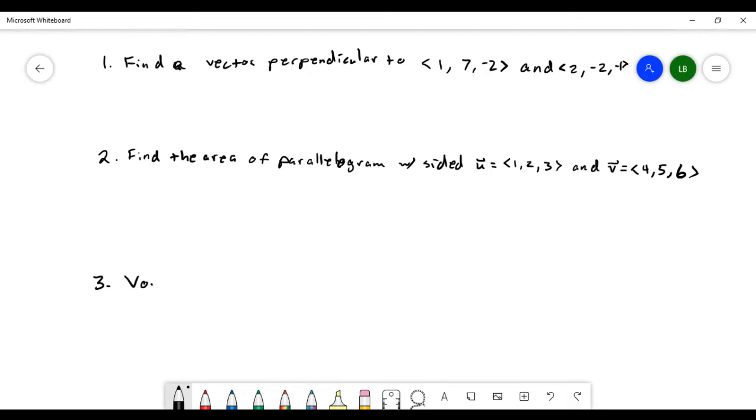And third, the volume of a parallelepiped that has sides u equals (1, 5, 7), v equals (-1, 2, 1), w equals (-2, -4, 1).